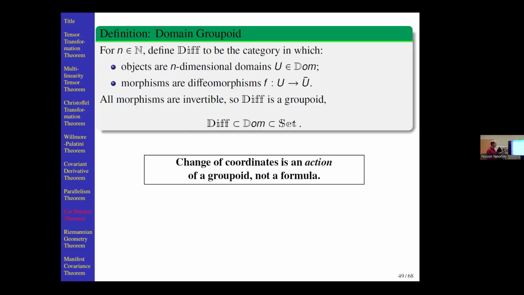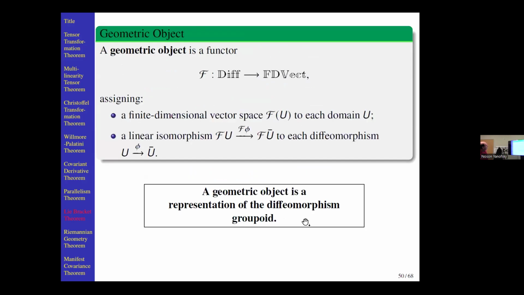So we'll call that Diff, and these inclusions follow the definition. Now, the point is that I can start to define what's a geometric object. It's a functor from the groupoid of diffeomorphisms to the category of finite dimensional vector spaces.